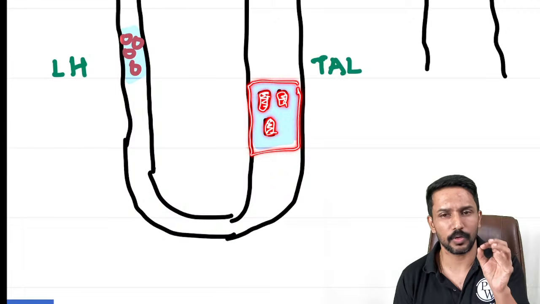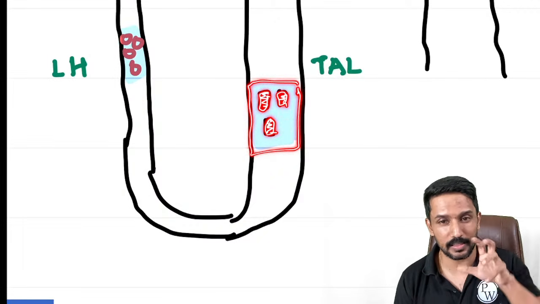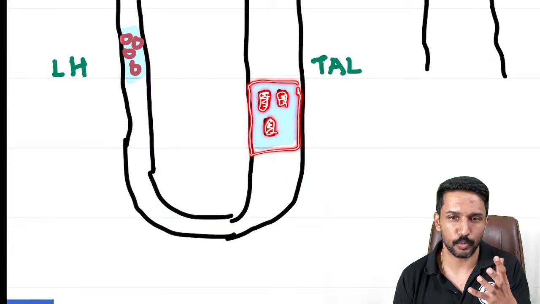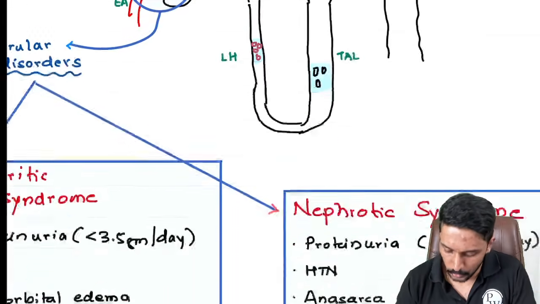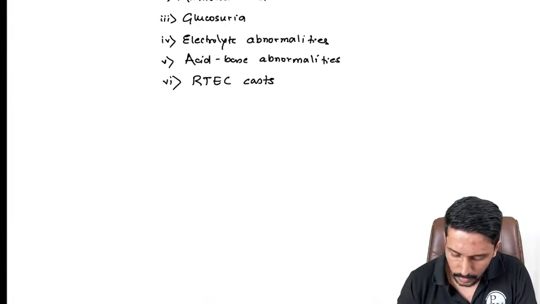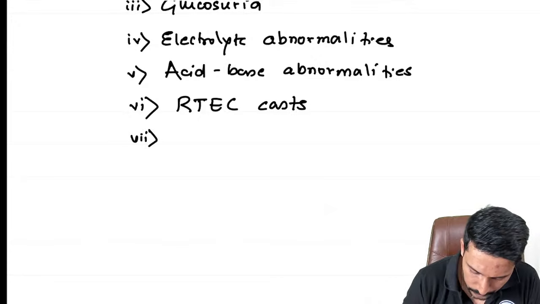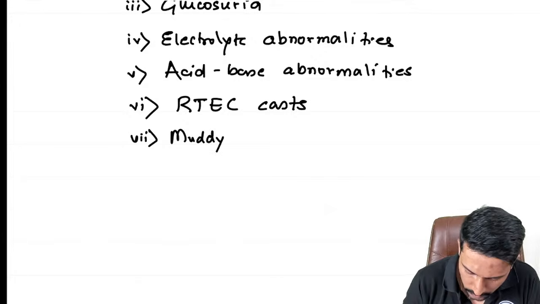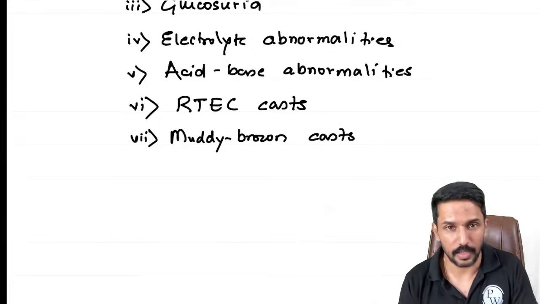It's the same cast, renal tubular epithelial cell cast. If the cells are fresh, it is an RTEC cast. If the cells disintegrate, leaving lipofuscin, giving the brown pigmentation, we will call it a muddy brown cast. So if there is a tubule which is the site of damage, you will encounter muddy brown casts.